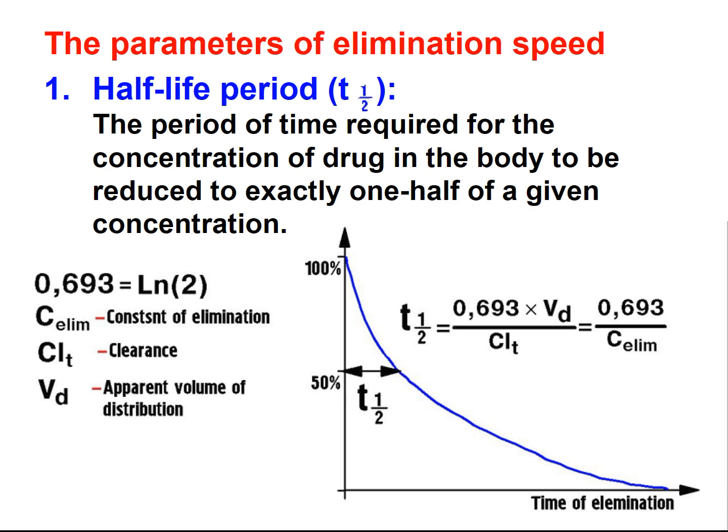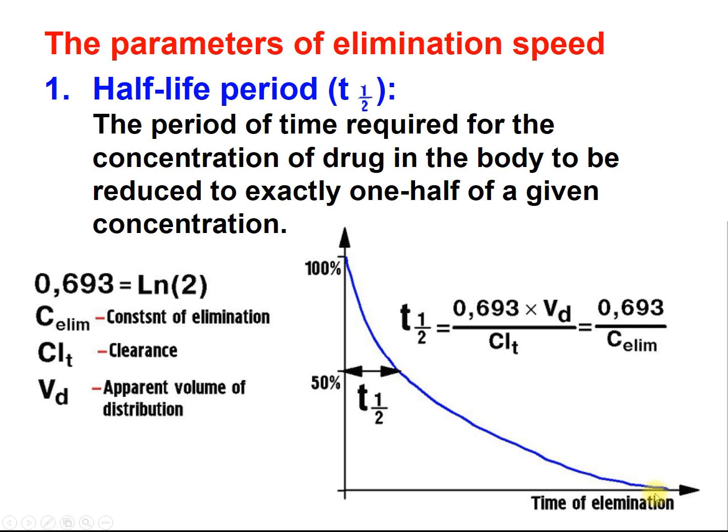Quantitatively, the process of elimination can be described by such parameters as, first of all, half-life period. This is the period of time that is required for the concentration of the drug in the body to decrease exactly to 1/2 of the initial concentration. So if we inject the drug, for example, by intravenous route, the change of its concentration may look like this.